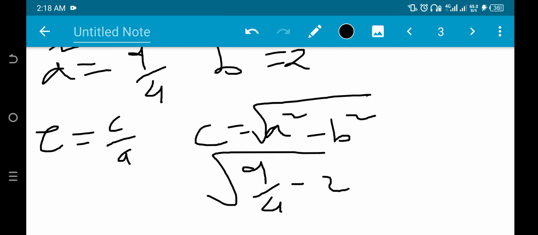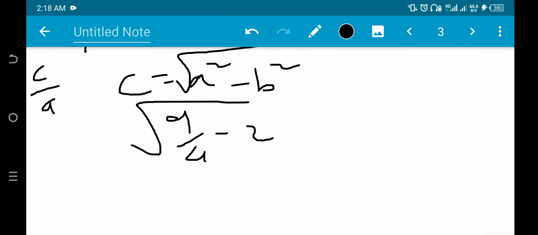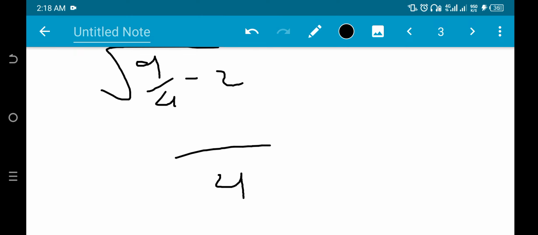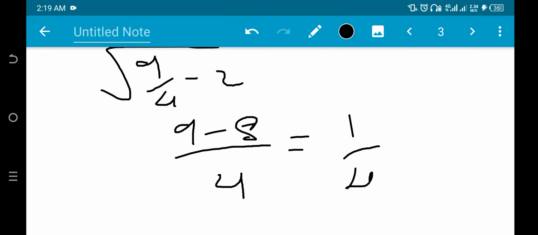So now, what is 9 over 4 minus 2? This will be 9 minus 8 over 4. So it will be 1 over 4 with a root.